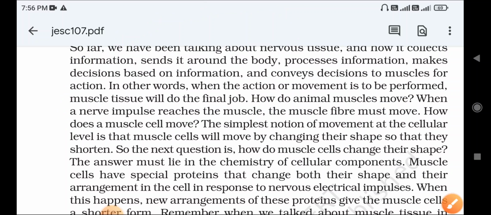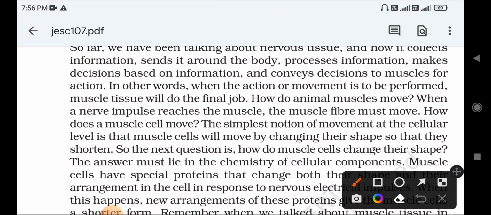Remember, ultimately the work is done by the muscles.